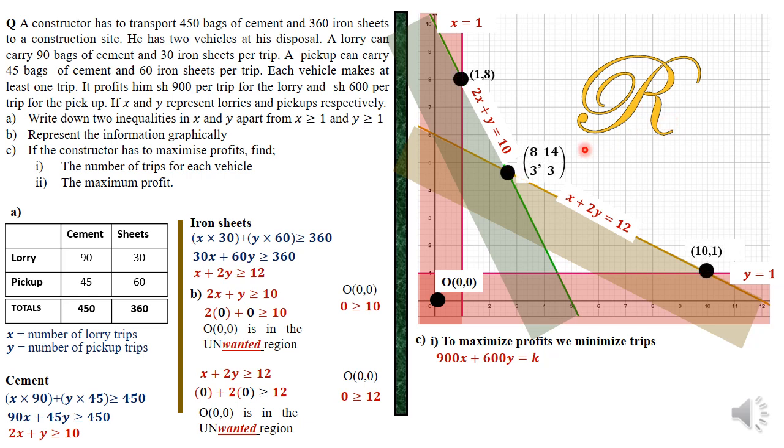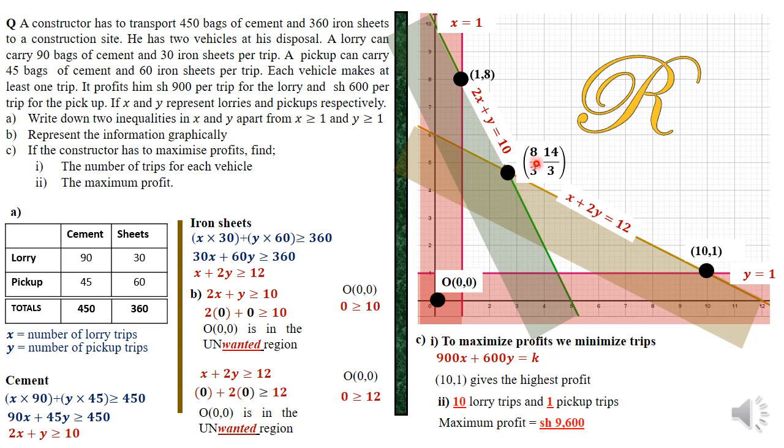Let me say that we have 3 points: the point (1, 1), (8/3, 14/3) and (10, 1), which we are going to consider to maximize the profit. And the point (10, 1) gives us the highest profit. Therefore, the maximum profit will be given by 10 lorry trips and 1 pickup trip, which is going to be 9600.